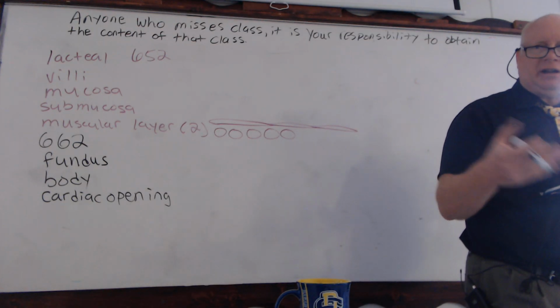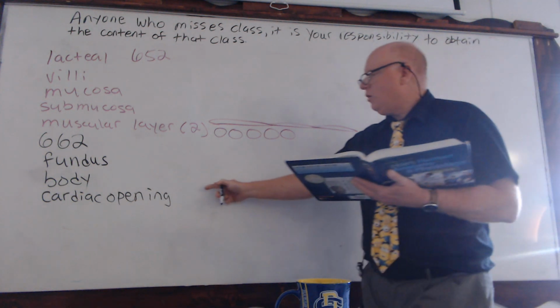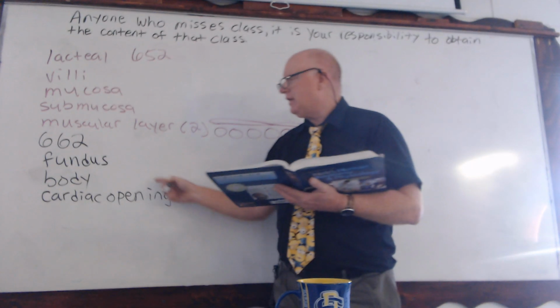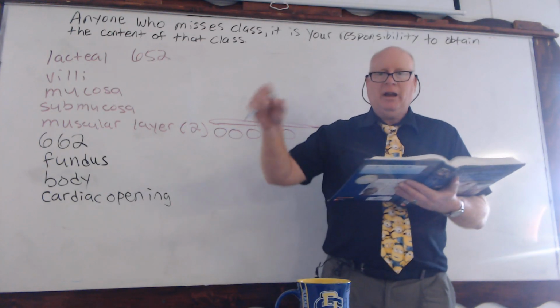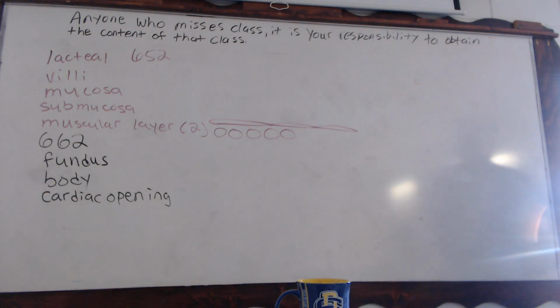And that's where we get that characteristic idea of heartburn, because this is the opening that goes from the esophagus into your stomach. And if that starts to prolapse or release, well then that's where that acid from your stomach refluxes into your esophagus, and that's why they call it acid reflux.